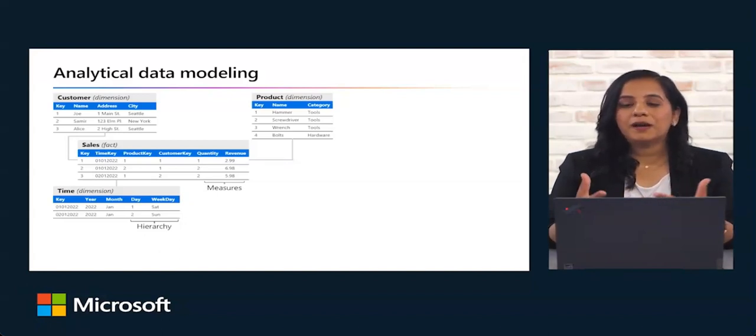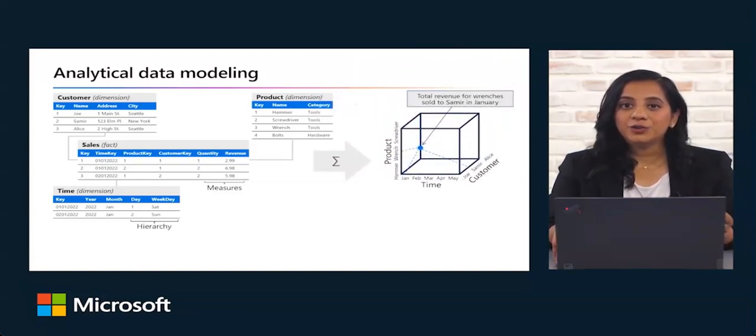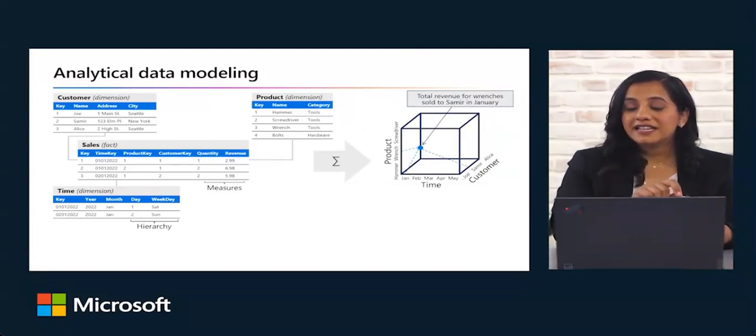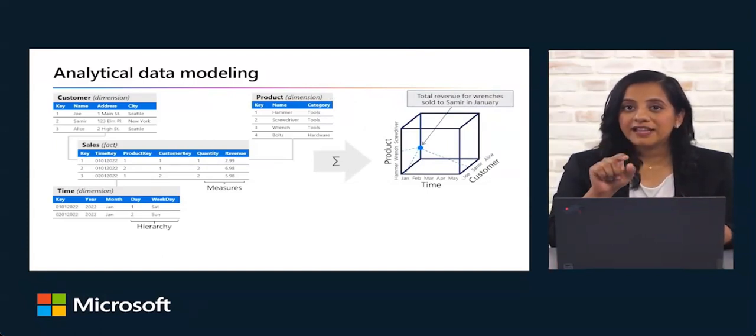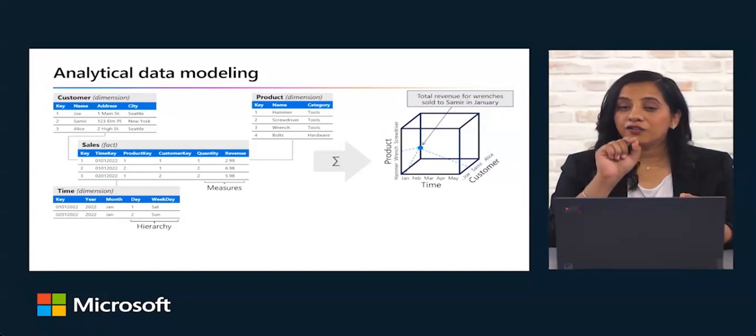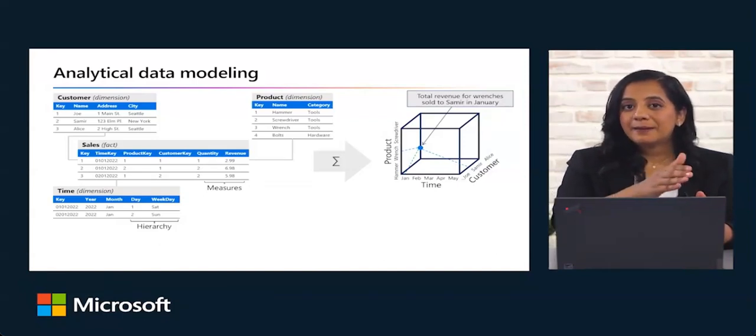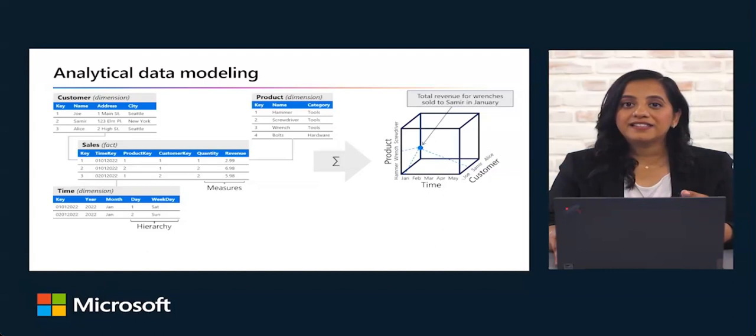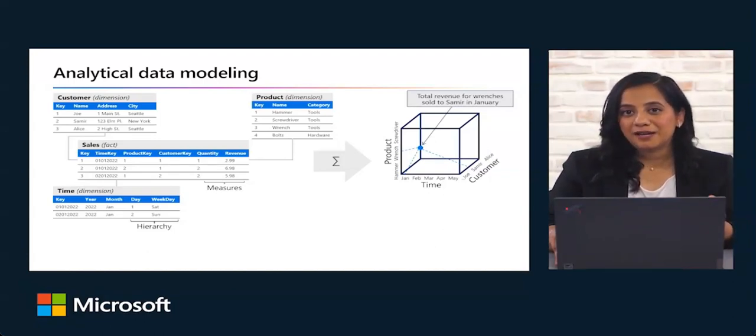Conceptually, the model forms a multi-dimensional structure, which is commonly referred to as a cube, in which any point where the dimensions intersect represents an aggregated measure for those dimensions, while dimension tables represent the entities by which you want to aggregate numeric measures.